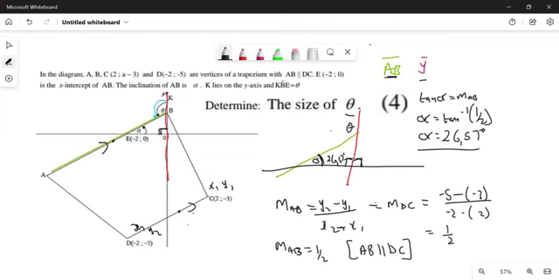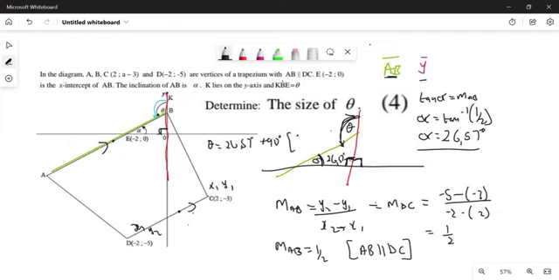If this one here is 90, we want to get theta. How would we get theta? Can you see theta? Theta is an angle outside. What can you say about an angle outside? It's equal to this angle plus this angle. So our theta is going to be equal to 26,57 plus 90.